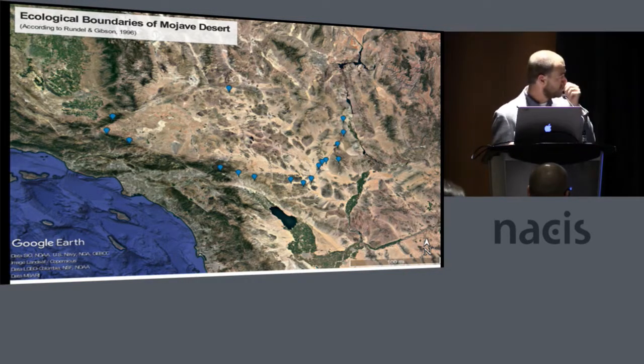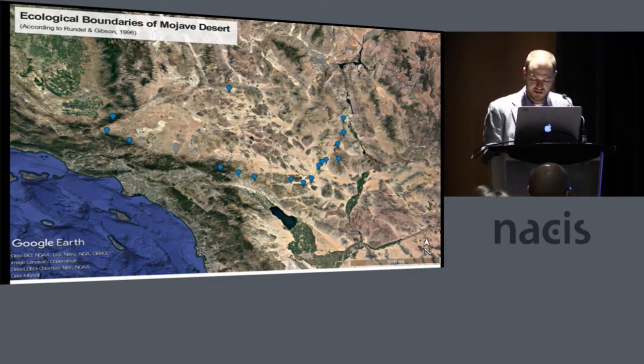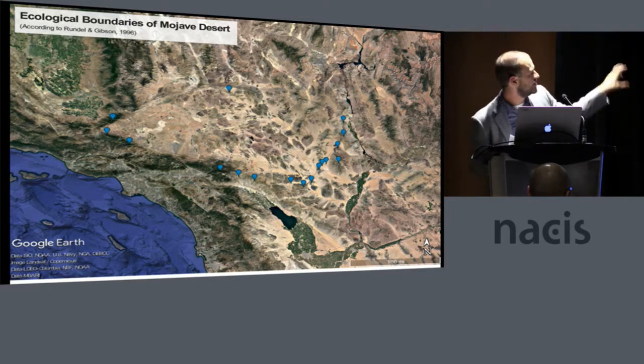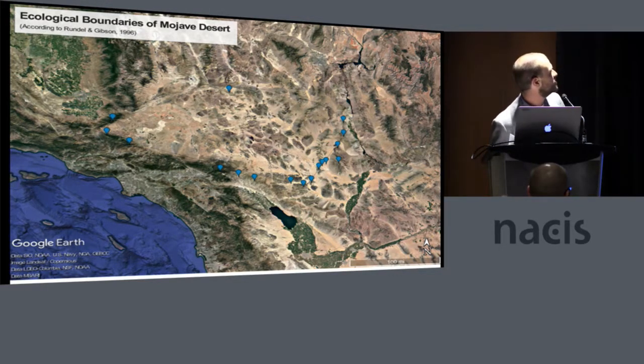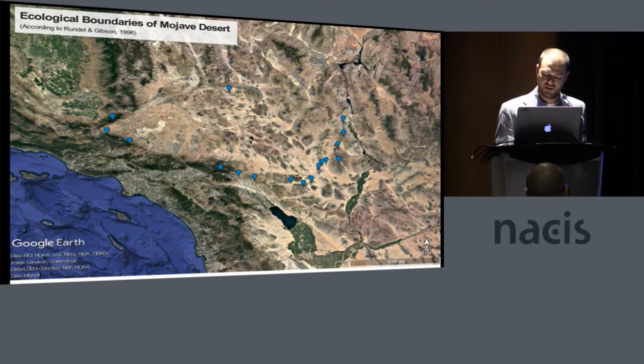For those who don't know about this region, it sits right between Las Vegas and Los Angeles. This boundary of the Mojave Desert that you see outlined here is from these two ecologists, Rundel and Gibson. There are many dozens of ideas of where the Mojave actually is supposed to be. I liked their description. They used precipitation, elevation, vegetation to discern what actually makes it distinctive from the other surrounding deserts.